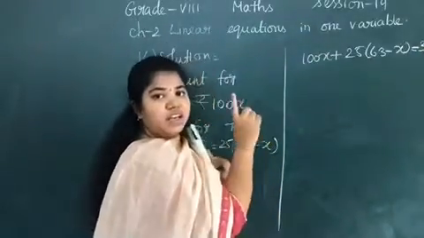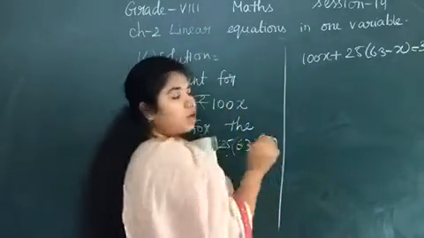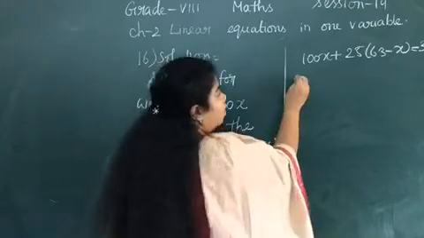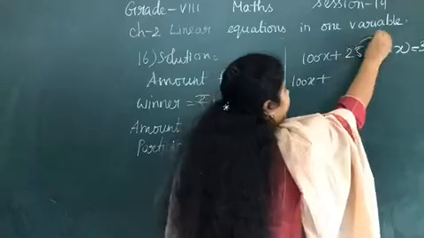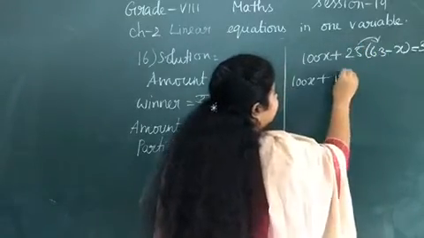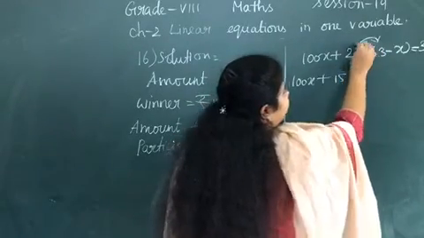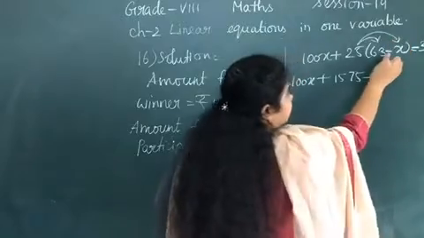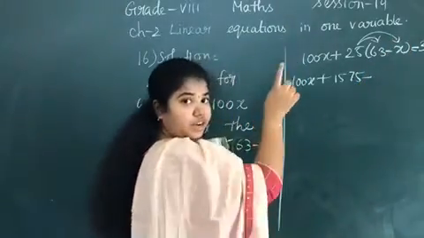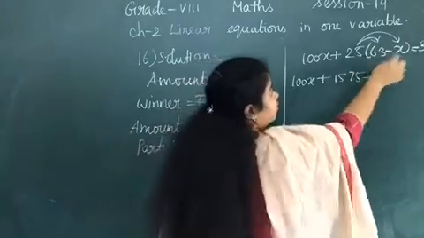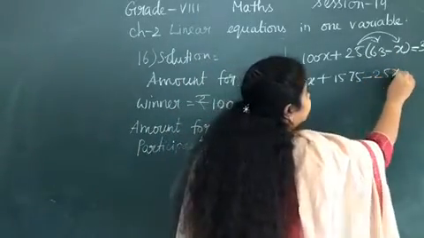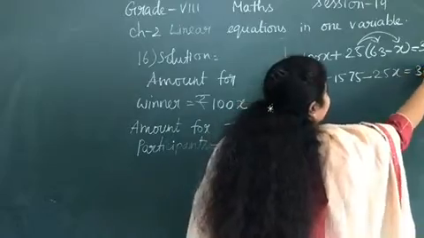Okay, this is the statement of the sum. With this we are going to find the x value. Now 100x plus, multiply this into the bracket. 25 into 63 is 1575. 25 into x, this symbol is subtraction given in the question, so we are taking the subtraction here. 25 into x is 25x, which is equal to 3000 as it is.